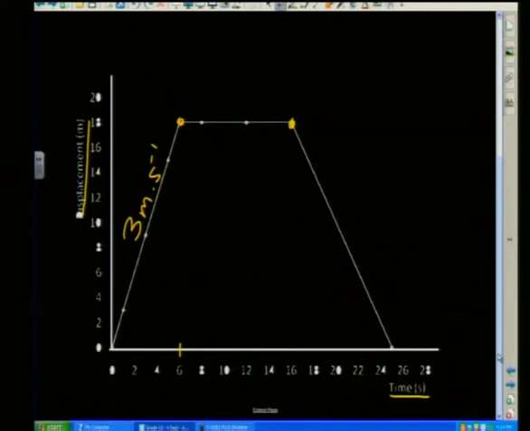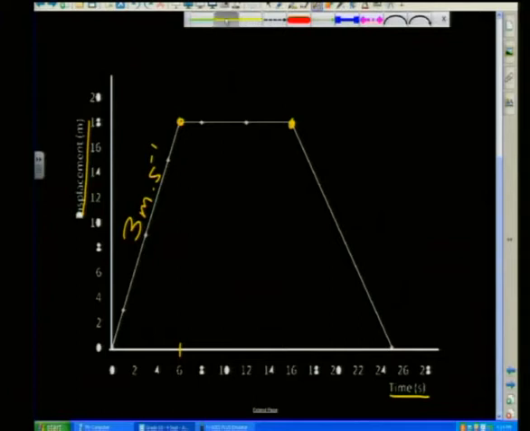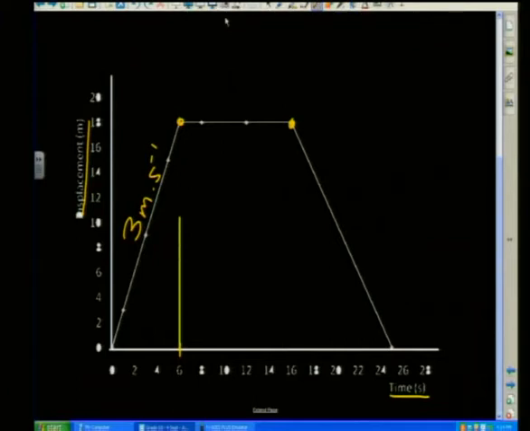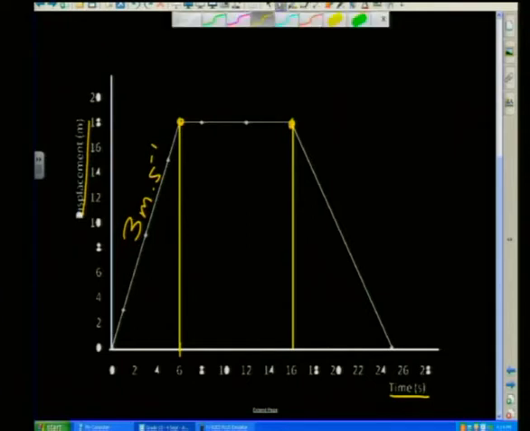Okay, so now I've got 6 seconds. Let's divide up our motion. There we go. So there's our first piece of motion. That's when he's walking at 3 meters per second. Our next piece of motion comes from the part where he stops. During that period from 6 seconds to 16 seconds, his displacement did not change.